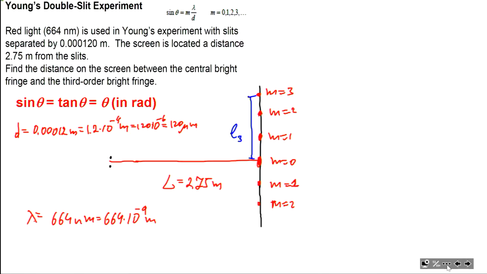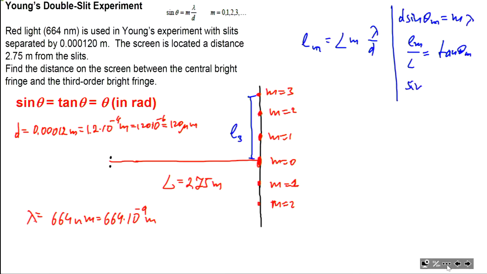Just 2 minutes ago, we derived the expression for the distance number m, using a combination of two equations and the approximation.